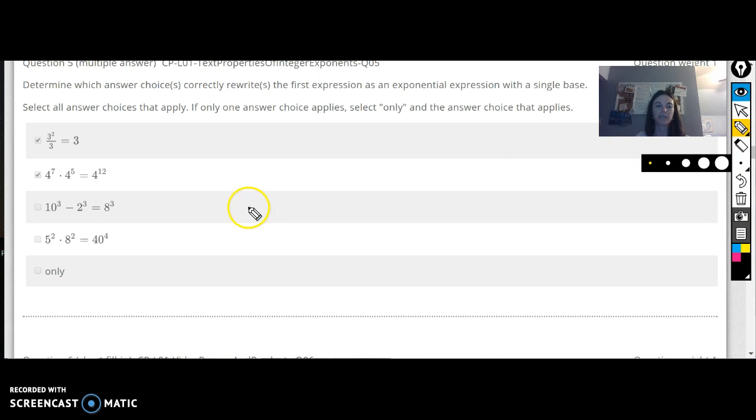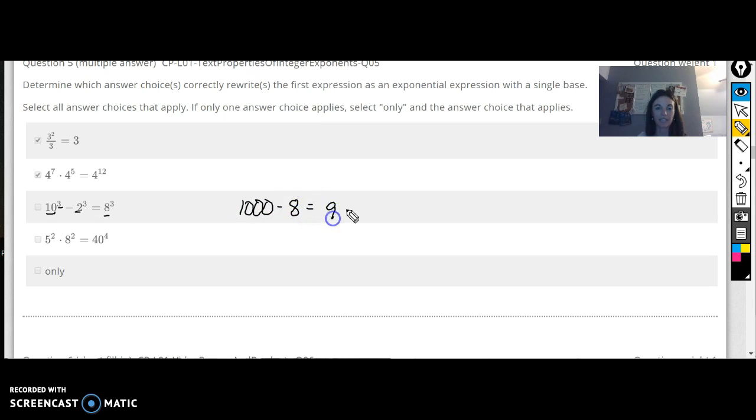10 to the 3rd minus 2 to the 3rd. Okay, we do not have the same base. We have the same exponent, but we don't have the same base. So we really can't do anything here. And so I want to check this again. I happen to know that 10 to the 3rd is 1,000 and 2 to the 3rd is 8.